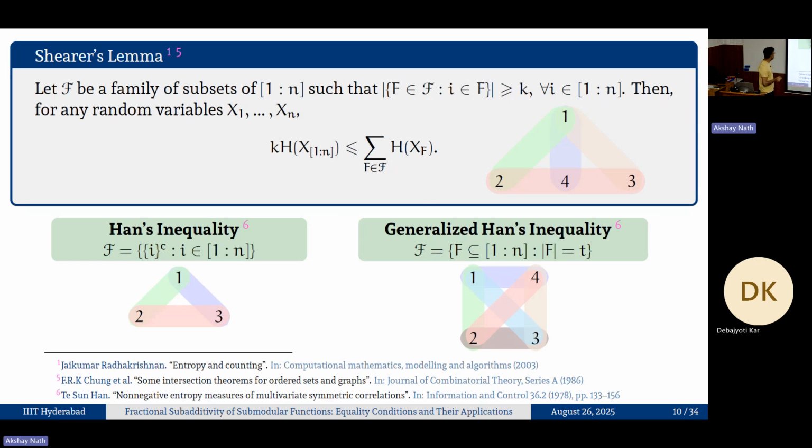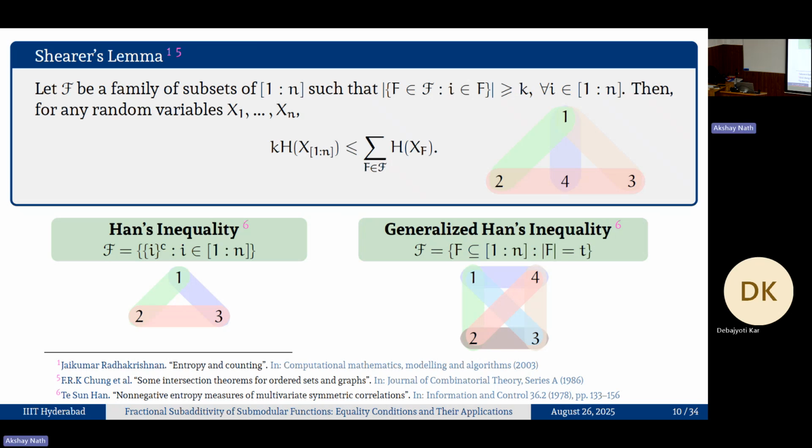I can write this as h of x1 to n is equal to the summation over this family f belonging to the scalar 1 by k times h of xf.